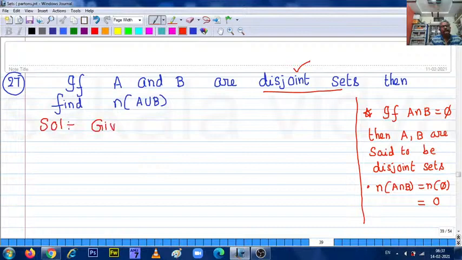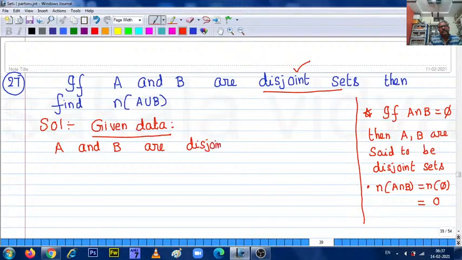So now the solution, given data, A and B are disjoint sets. So that is A intersection B equals phi, null set. So now we need to find out, our destination is this one, our target.